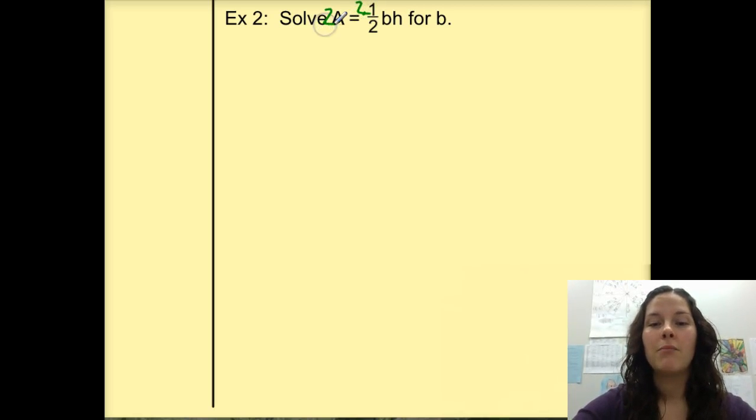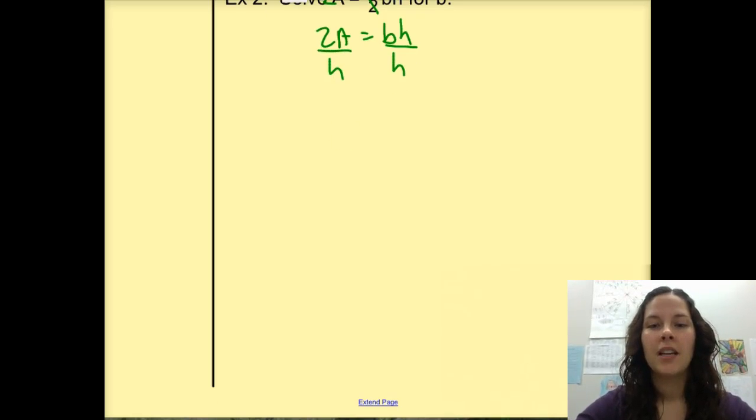So if I multiply both sides by 2, that will cancel the division by 2, leaving me with b times h. So to finish solving for b, I'm going to divide both sides by h to cancel my multiplication. So the base is equal to 2 times the area divided by the height.